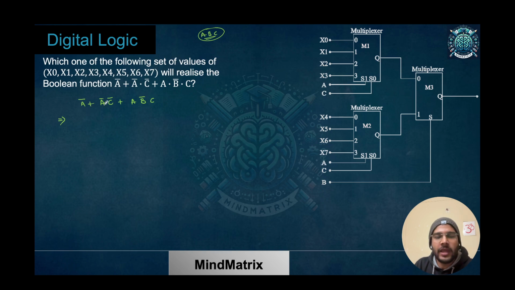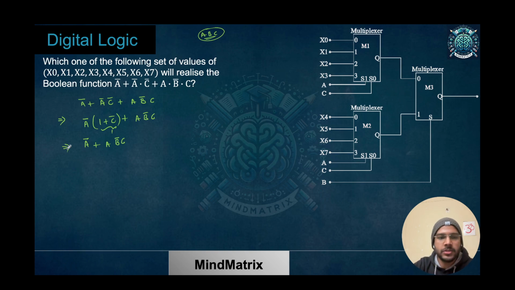So here if you see A complement is common, so I can take A complement common, and it is going to become 1 plus C complement plus A, B complement C. Here 1 plus anything, or 1 or anything, basically if I'm saying plus, that means or operation. 1 or anything is going to become 1 only, so I will be getting A complement. This is going to become 1, so A complement or A B complement C. This is what we are getting.